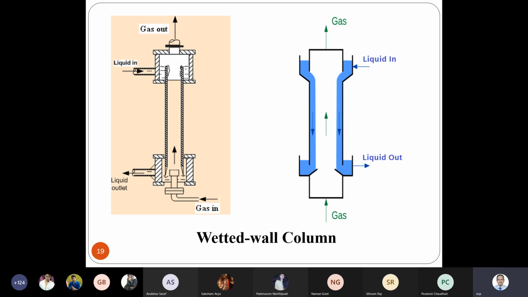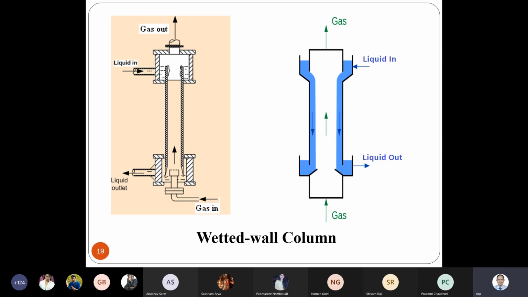We can assume a thin film, and knowing the inner diameter of the tube, we can find the interfacial area by pi d l. So as this area is known, it is very easy to study mass transfer in laboratories.